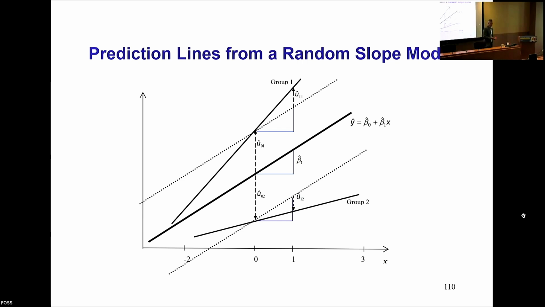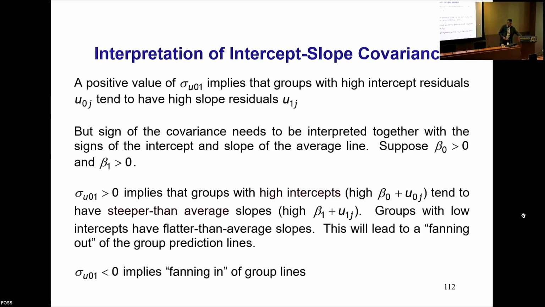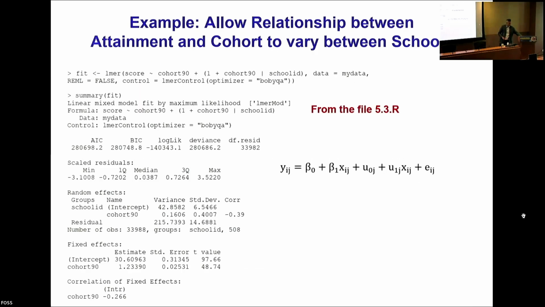Although it looks really complicated, a lot of the time you'll say, well, I don't see the point of this extra complication, because we're having to estimate intercept level residuals and slope level residuals, as well as the correlation between the intercept and slope level residuals at the group level. And we have to assume bivariate normal distribution and so on.